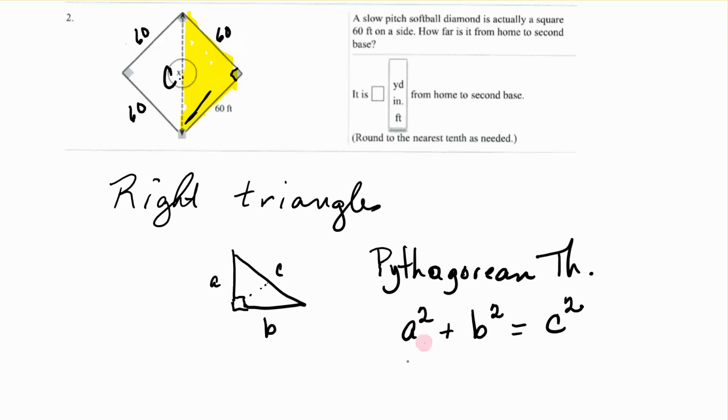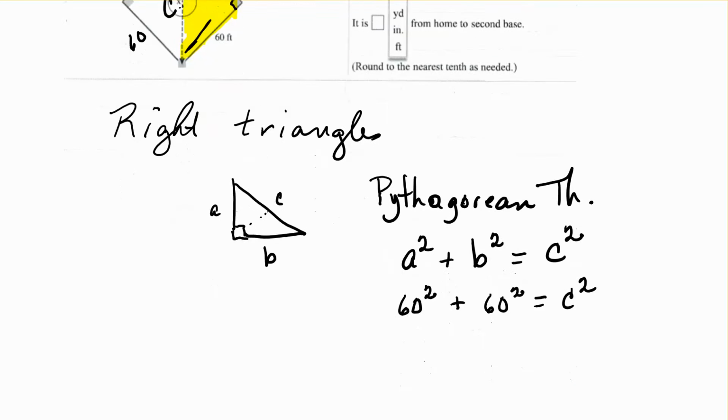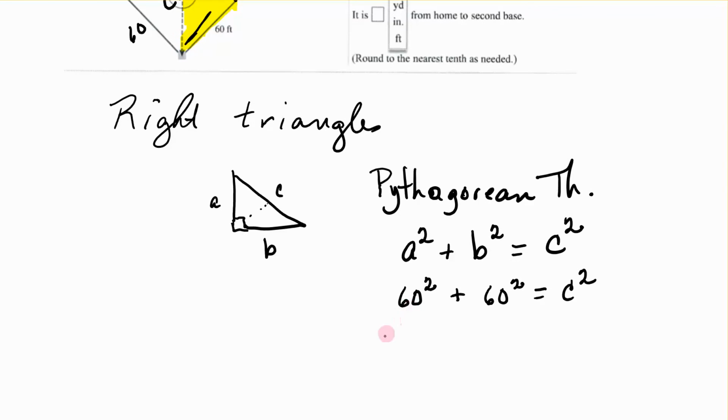So that means that 60 squared plus, that's this one, 60 squared, that's that one, is equal to C squared. 60 squared is 3,600. 60 squared is still 3,600.